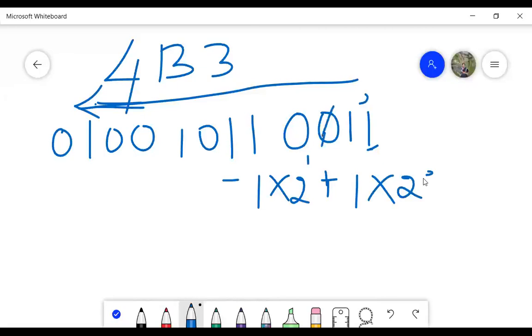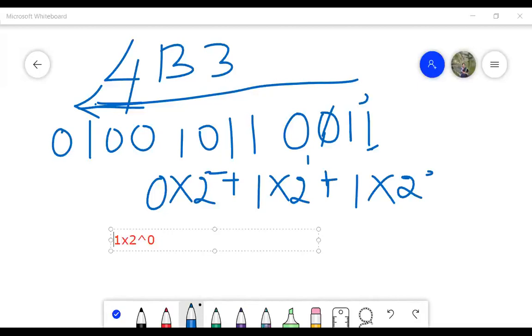So anyhow you can write it, plus 0 into 2 to the power of 2 plus 0 into 2 to the power of 3. Let me follow this. So I'm writing from the other corner. So it is 1 into 2 to the power of 0.